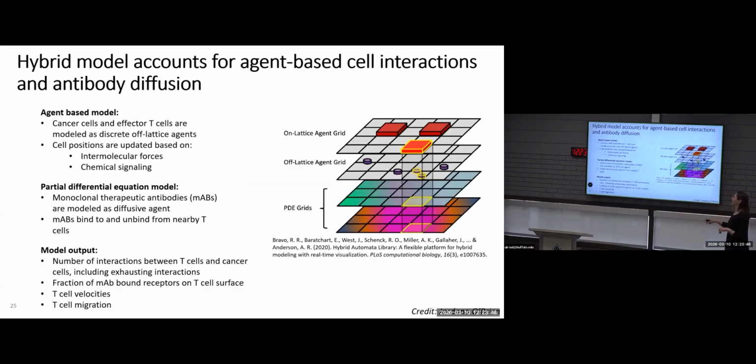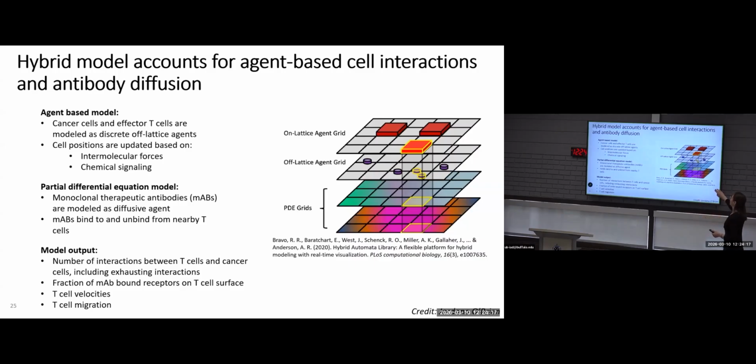My postdoc, Jordana, has done an amazing job of advancing this model, adding more and more new features to this model. And where we're at now is essentially an agent-based partial differential equation hybrid model in which we have a combination of on-lattice and off-lattice activities. So our cells or our agents are moving around again through time and space in this simulated tumor off-lattice.